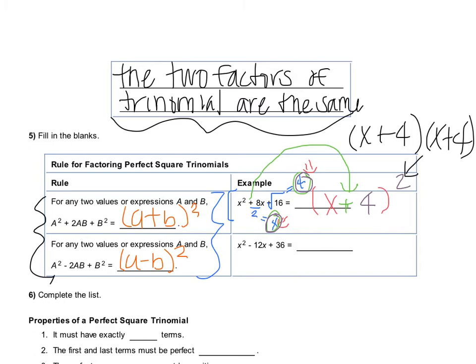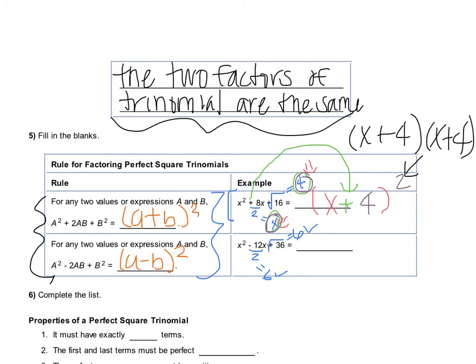Okay, it says x squared minus 12x plus 36. So we're going to do the same thing we did before. We're going to take the middle one, and we're going to divide it by 2. Well, 12 divided by 2 is going to give me 6. Don't worry about the sign right now. And then I'm going to take the square root of 36, and the square root of 36 is 6. So since these two numbers were the same, this is a perfect square trinomial.